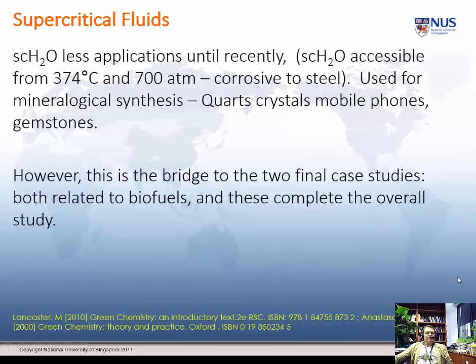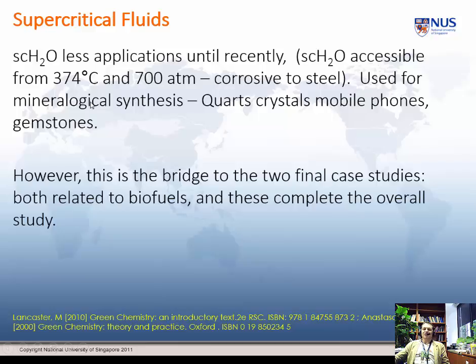Now, most of our examples are on supercritical carbon dioxide, but I'm going to look at supercritical water as well, because it leads us into our final slides on the biofuels case study. Because supercritical water is a lot less accessible, you're up at close to 400 centigrade and 700 atmospheres.